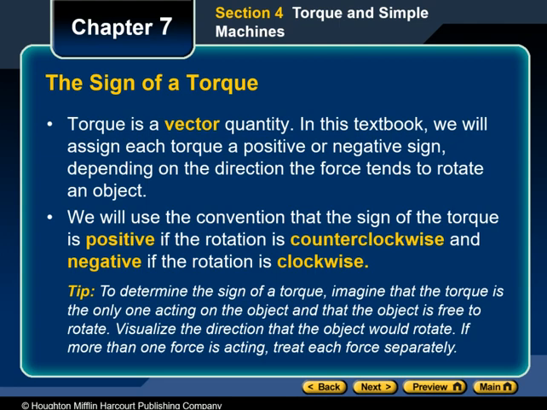To find the net torque acting on the wishbone, simply add up the individual torques. Net torque is equal to the sum of torques, which is equal to torque 1 plus torque 2, which is equal to F1d1 plus negative F2d2. When you properly apply the sign convention, the sign of the net torque will tell you which way the object will rotate, if at all. At this point, you should be able to understand sample problem E.